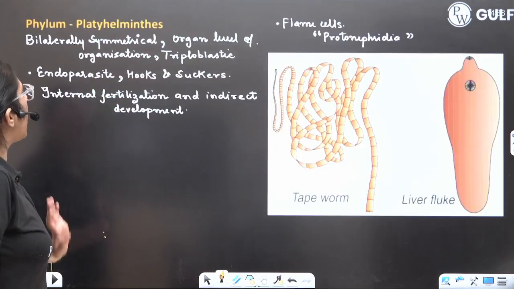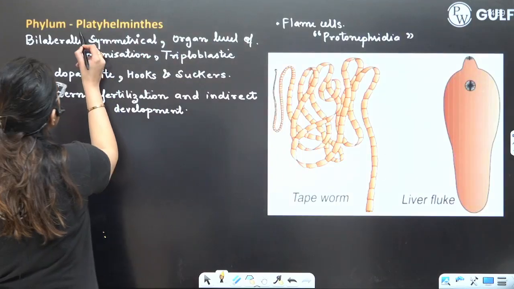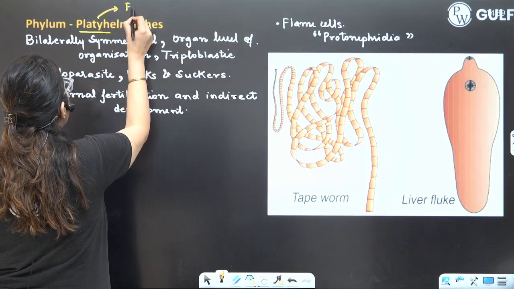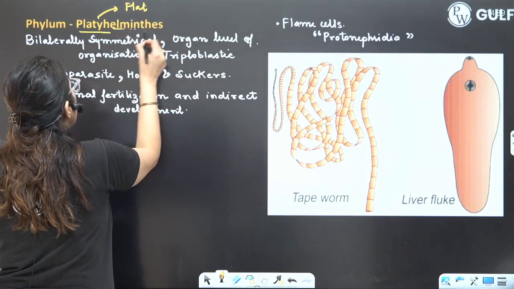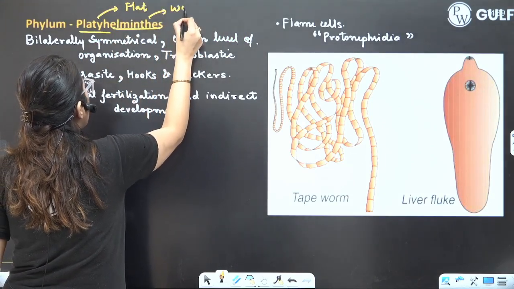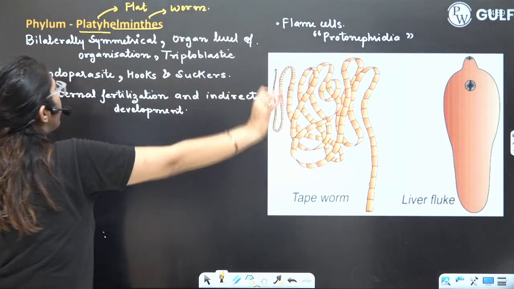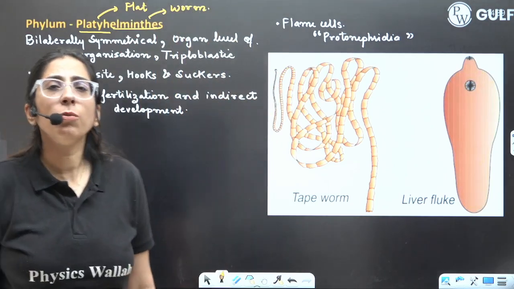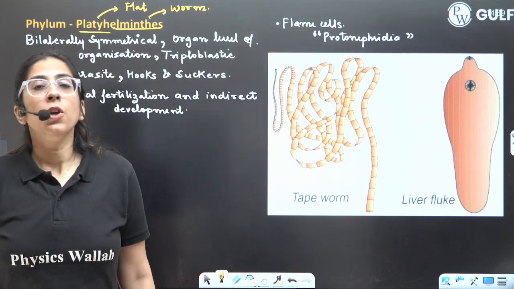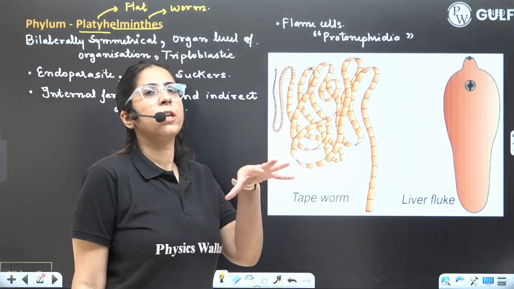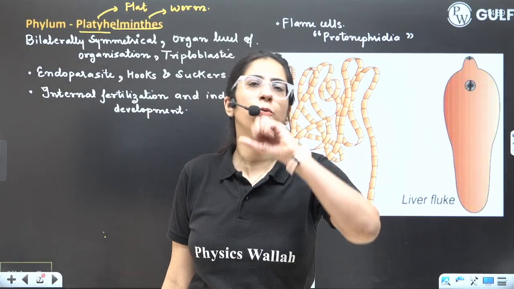Okay. So Platyhelminthes. Platy means flat. Helminth means worm. You will find them everywhere. They're mostly endoparasites. That means they live inside the body of the host and obtain food from the host.